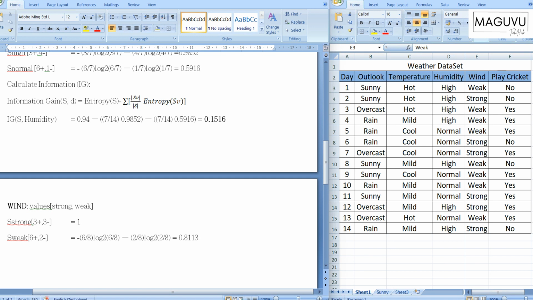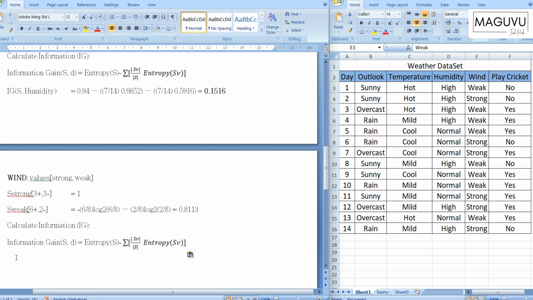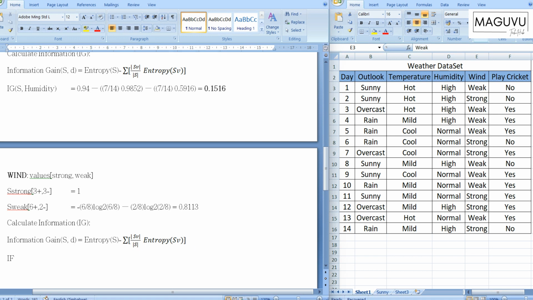0.8113. So once we have that value, the next thing is we want to calculate the information gain of wind. So let's bring that down, and now let's substitute IG of the whole data set, looking at wind.